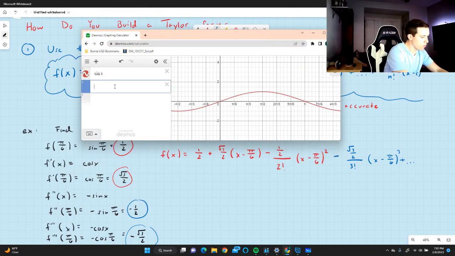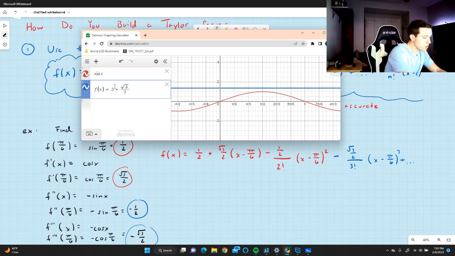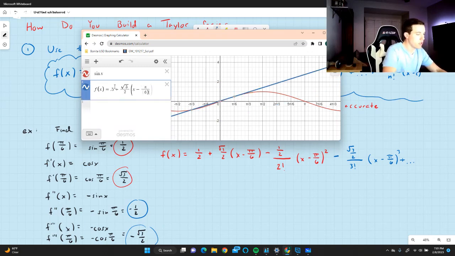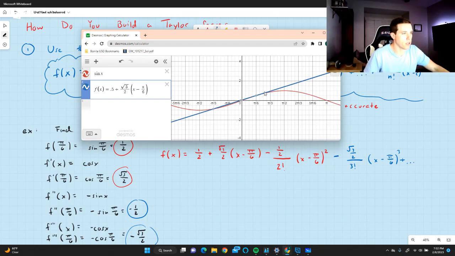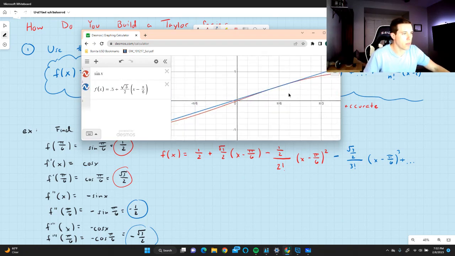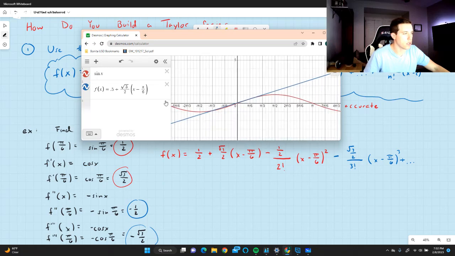So 0.5, or 1/2, of x equals 0.5 plus square root of 3 over 2 times x minus pi over 6. Look, there's your tangent line approximation at pi over 6. Not bad.